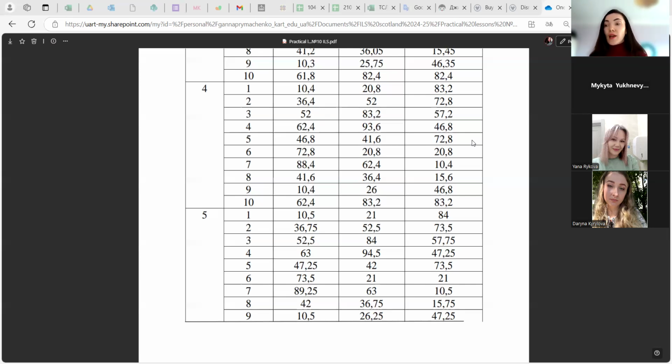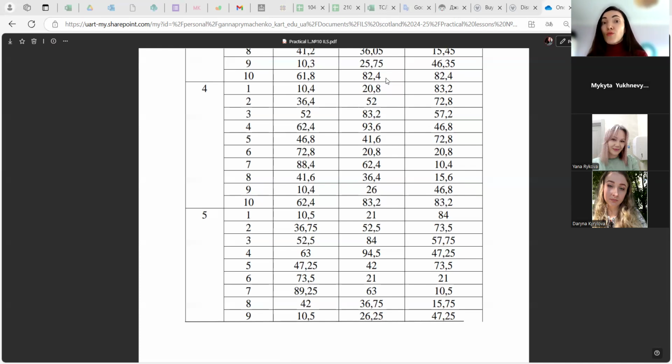Yes, and now the lower part of our formula. It is our denominator, so the numerator is the upper part, the denominator is the under part. It is the sum of our needs of cargo. So we take our last column number 5 and add all these parameters.